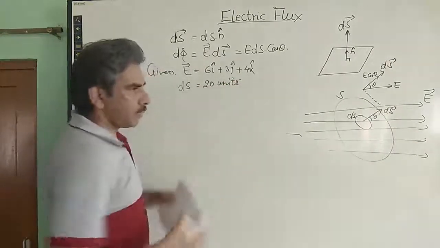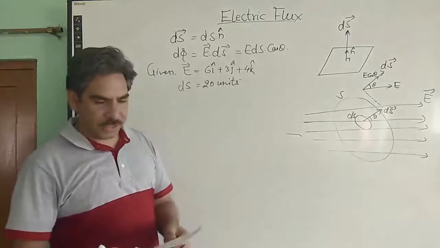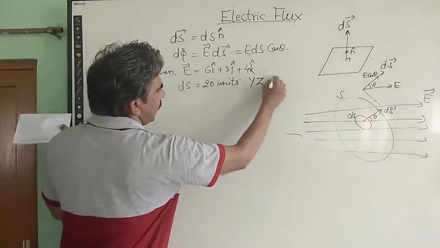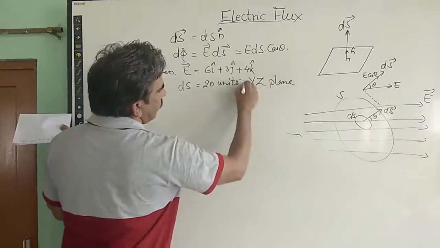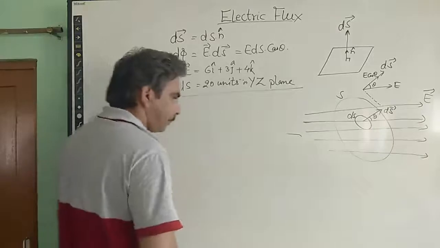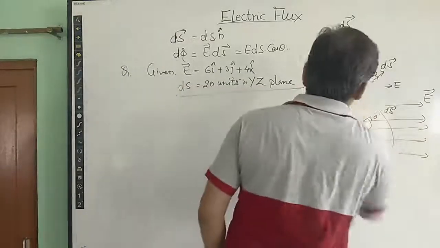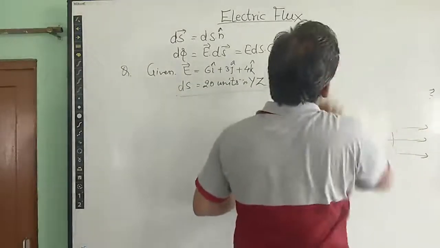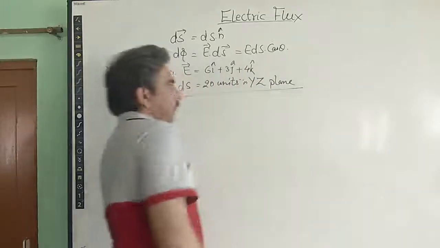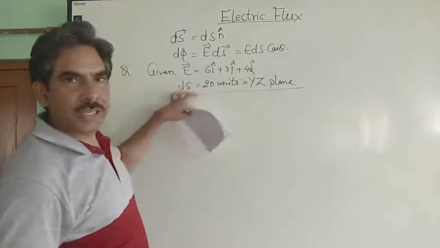It may be meter square, it may be centimeter square. And this surface area is in the YZ plane. This is the important thing to note. We have to find the electric flux through this surface area.